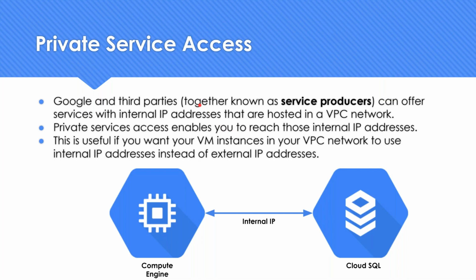NetApp could be another possible option, a third party, where you can communicate between your NetApp and virtual machine using an internal IP address. Third parties and a few GCP services like Cloud SQL instance, memory store, they all use private service access.